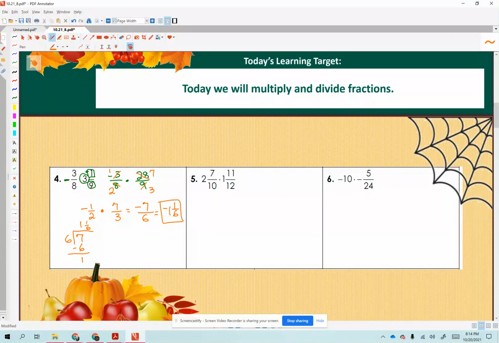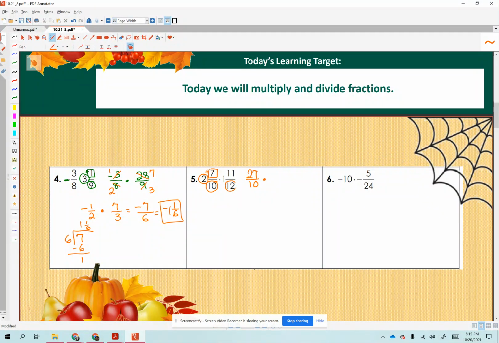So for number 5, we have 2 mixed numbers, so we're going to have to convert them both to improper fractions with a numerator that's larger than the denominator. So we'll start with the first fraction. They're both positive. So we have 10 times 2 is 20, plus 7. So the first fraction would be 27 over 10.